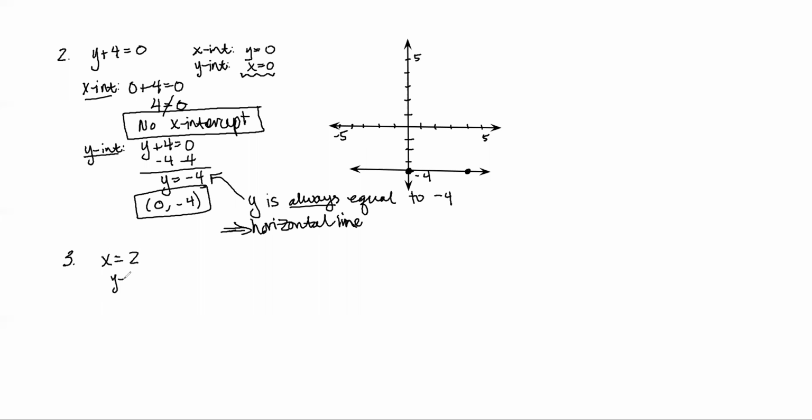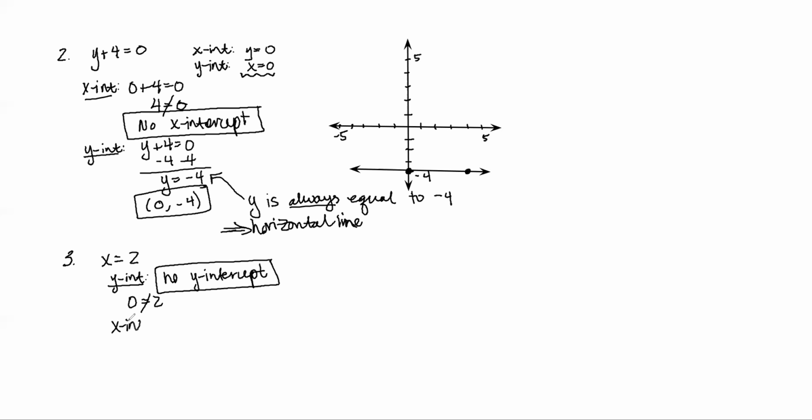So if we look for the y-intercept first, because there isn't a y in here, we wouldn't have a y-intercept. The other way to think about that is, remember, to find your y-intercept, you plug in x equals 0. Well, if we plugged in 0 for x, we would get 0 equals 2, which is just not a true statement. So that means we have no y-intercept.